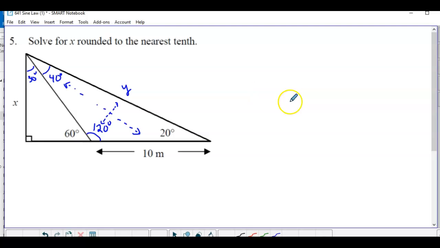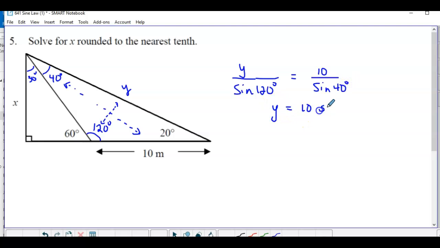There's a few different variations, but this is the one that I'm going to do. I'll talk about the variations in a sec. So I'm going to go y over sine of 120 equals 10 over sine of 40. So y equals 10 sine of 120 over sine of 40.